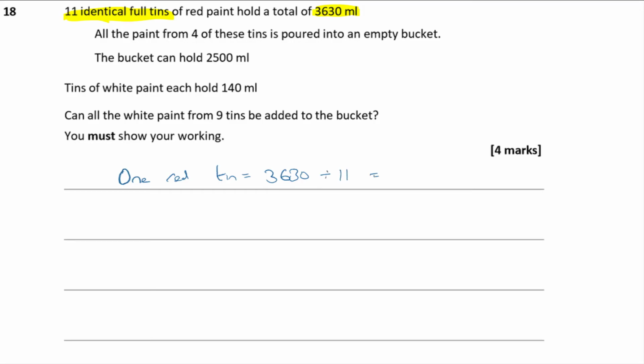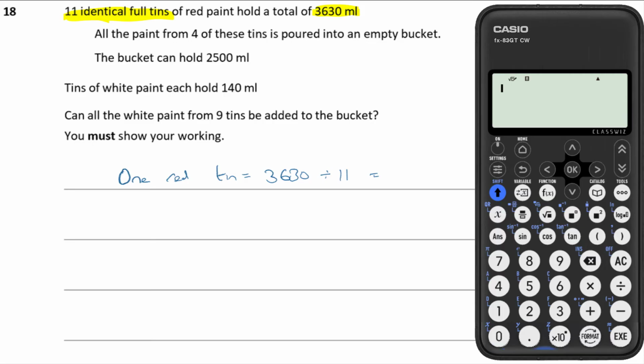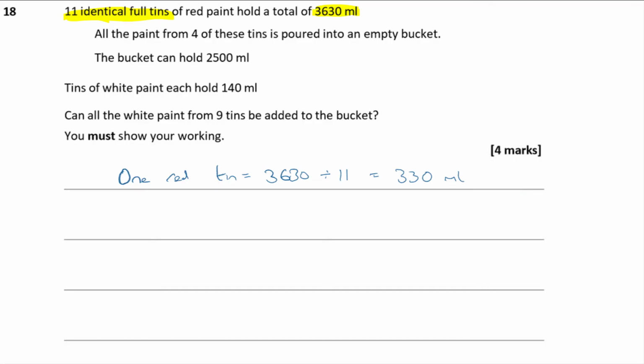So what is 3630 divided by 11? That comes to 330. So there must be 330 millilitres in one red tin of paint.